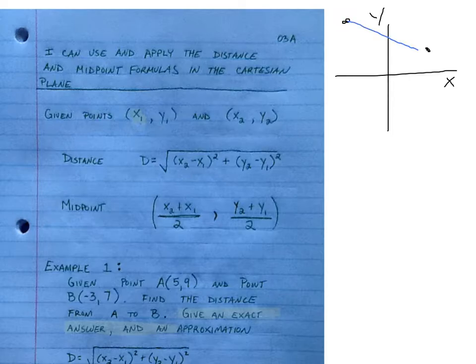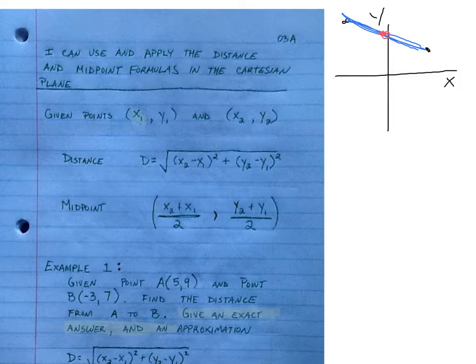The distance would be the length of the blue line, and the midpoint would be roughly where the red dot is located. So we can use the following formulas. Distance is equal to the square root of x sub 2 minus x sub 1 quantity squared plus y sub 2 minus y sub 1 quantity squared.